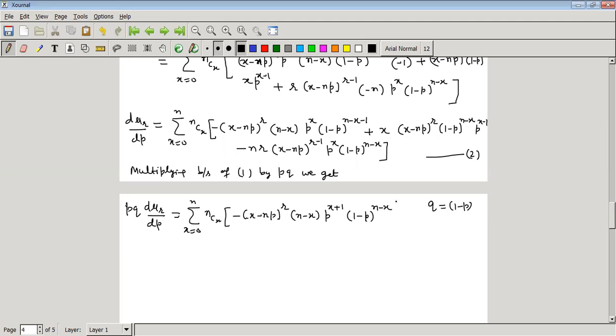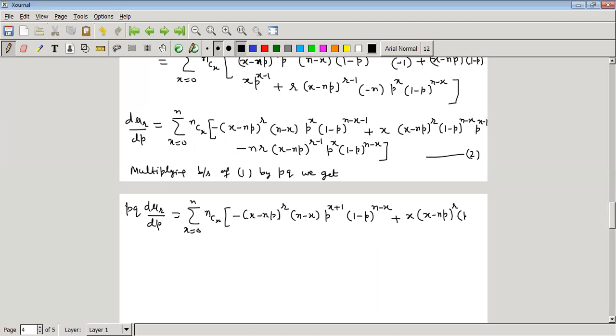So now if we multiply it, then powers are added. So 1 minus 1 becomes 0. So we get (1 minus p) to power n minus x plus a second term, x into (x minus np) to power r.